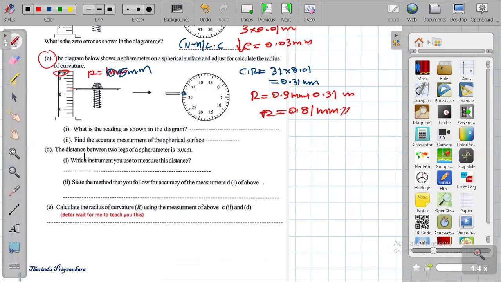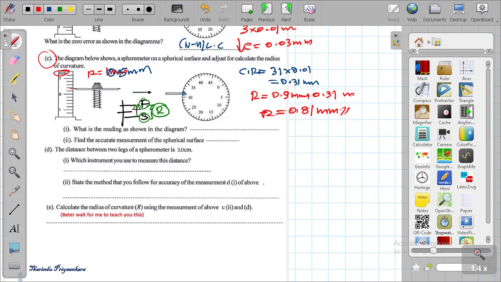Now it says find the accurate measurement of the spherical surface. The starting point is below 0. The finishing point is above 0. That means you have to add them together. The real reading: this is the starting point, this is the finishing point, starting to finishing.